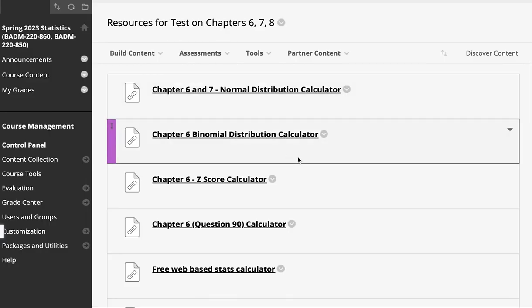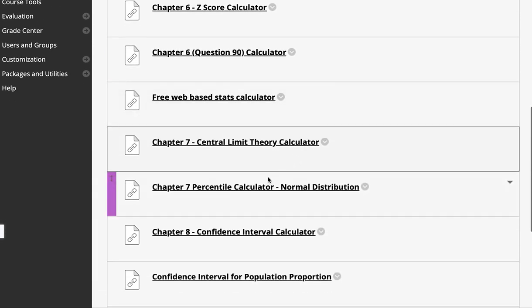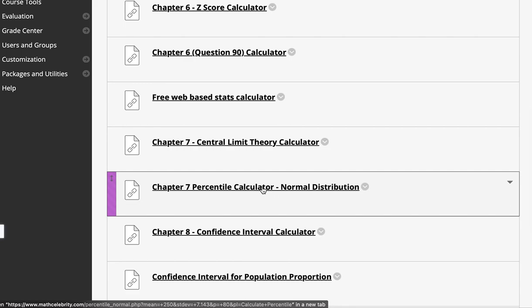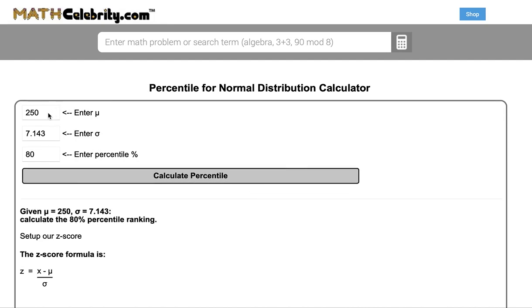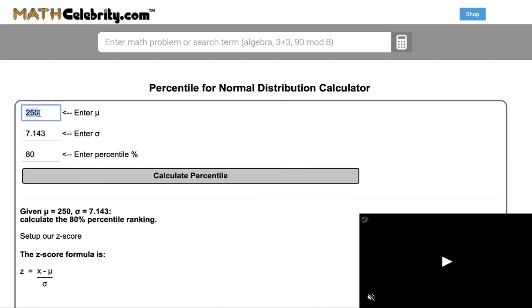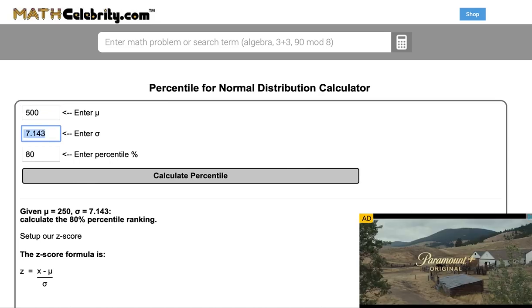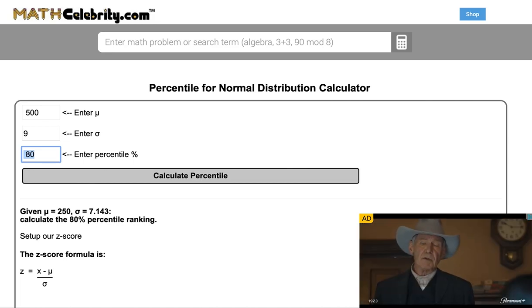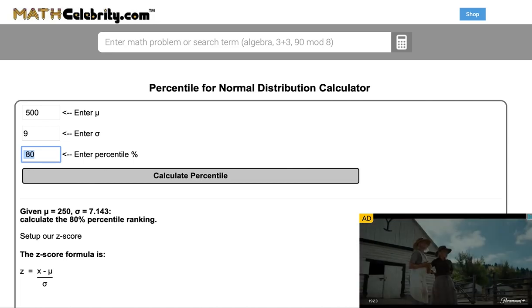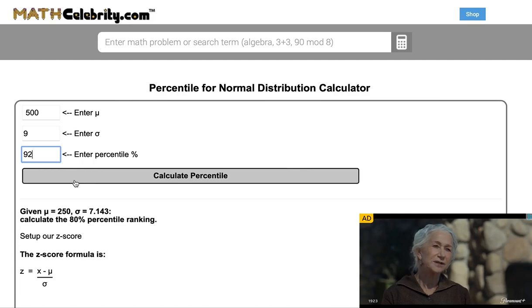And then there's also the percentile calculator, and that's in question 2 on the homework for this week. You'll see a question. You have a mean of, let's say, 500, and your standard deviation is 9, and you want to find where somebody falls if it's the 92nd percentile.